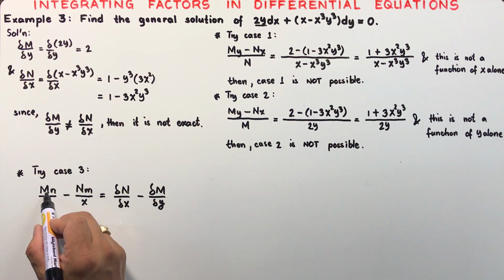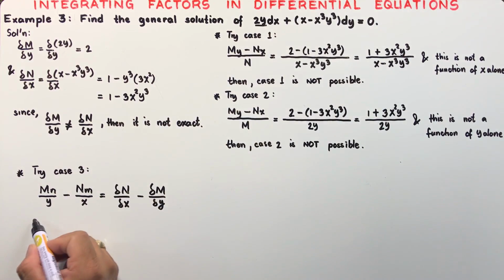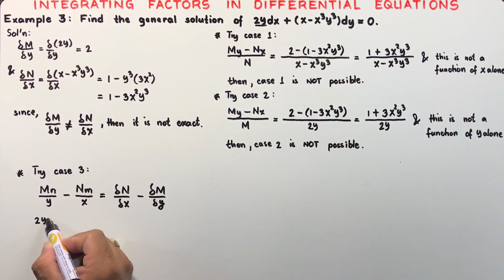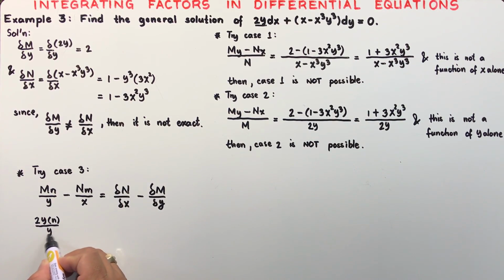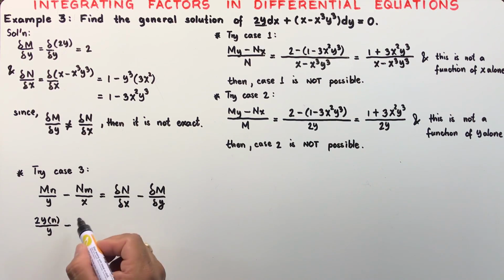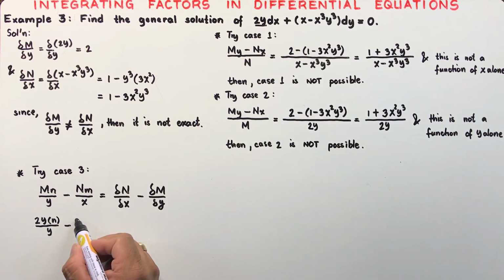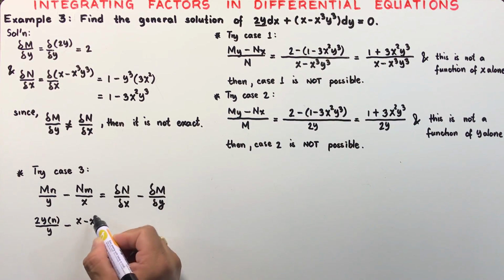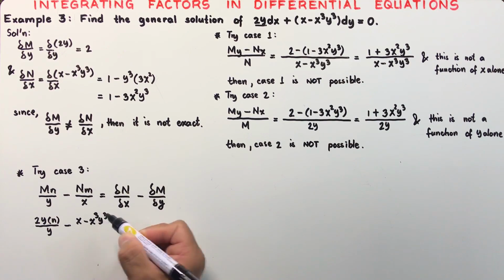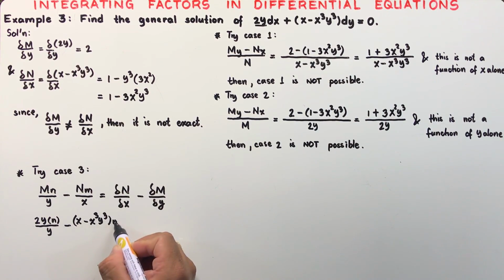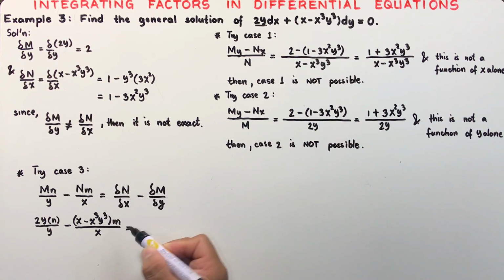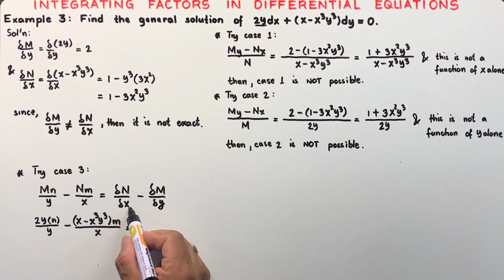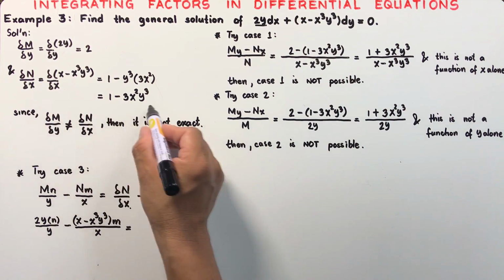So substituting our M, which is 2y here, we have 2y times n, and this will be divided by y, and minus our big N, which is this one, x minus x cubed times y cubed. So this will be multiplied by small m divided by x, and this will be equal to the partial derivative of N with respect to x, which is this one here.